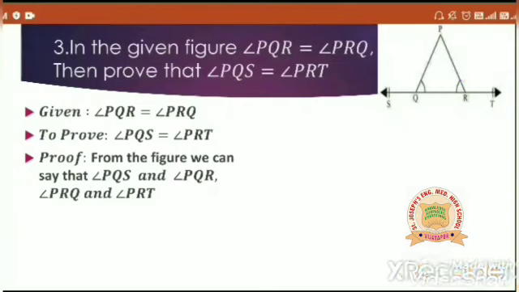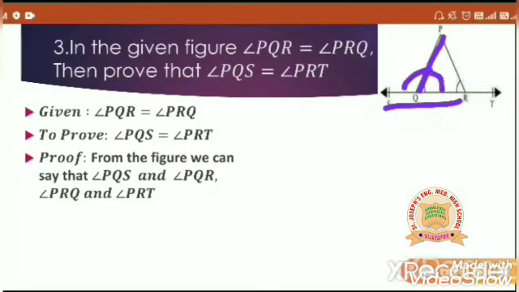How are they forming a linear pair? See, SQR is a straight line. One ray is standing on it, so these two angles should add up to 180 degrees, because one ray standing on a line is axiom 1. So we are going to write they are forming a linear pair.